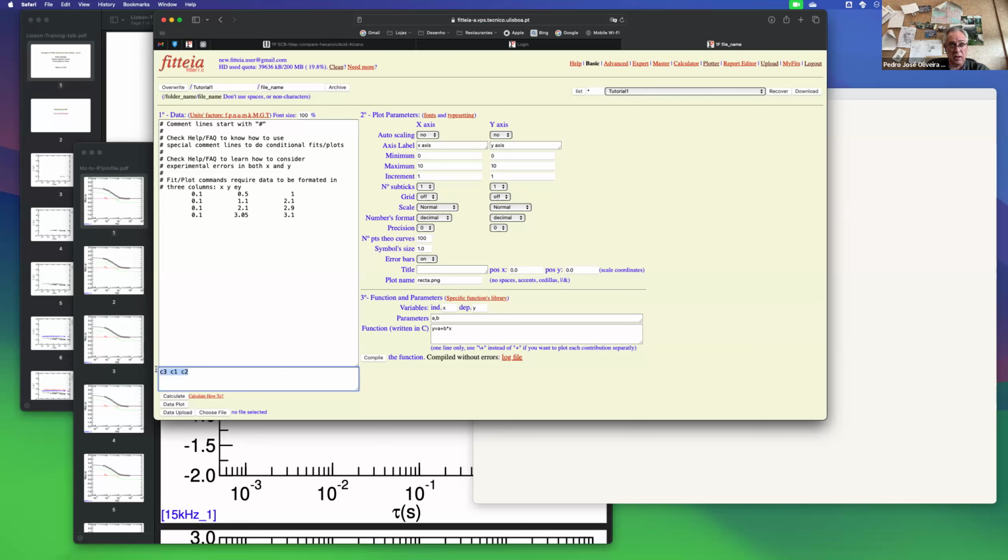I can do now. I have to get back. So C2, C3, C1. But I have C2 times 2, C3 divided by 10, and C1 multiplied by 0.5. So the first line, I will change the order of columns back to what it was before.